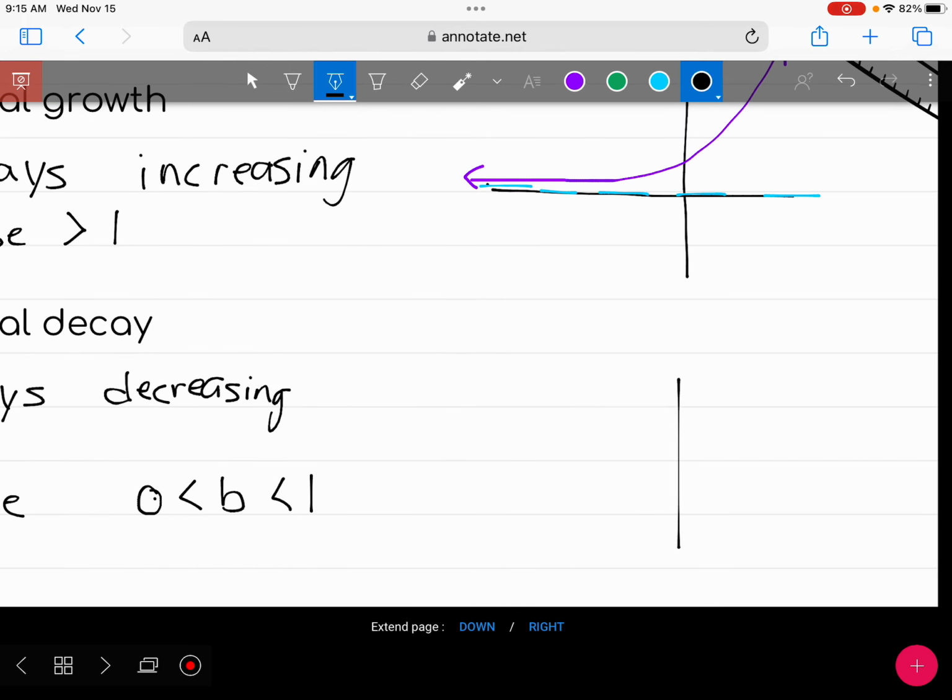All right, so our basic kind of vibe on what that looks like, again, it's going to have a horizontal asymptote. In this form, it is just 0. And it looks like that.